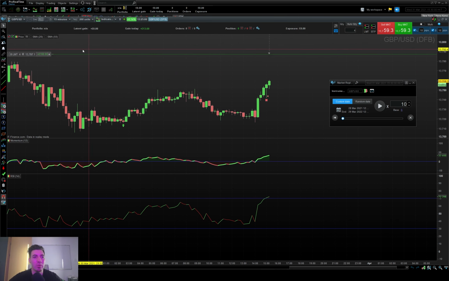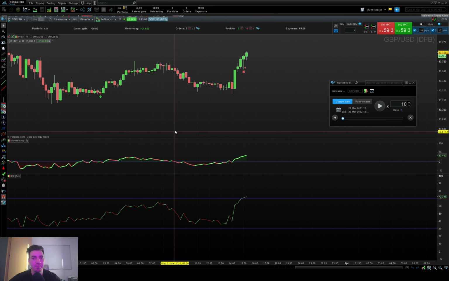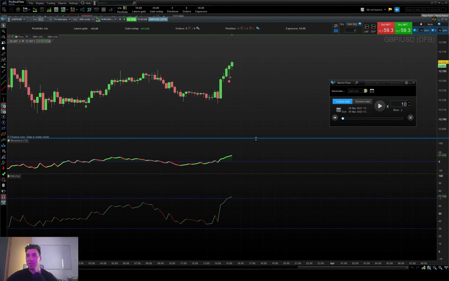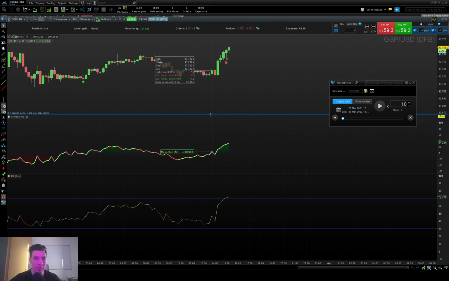Again, of course, a lot of these things require a lot more testing to see whether or not they work much better. And of course, in combination with other strategies, we could see a better result. So that's good. It's really good to see how these two indicators work.